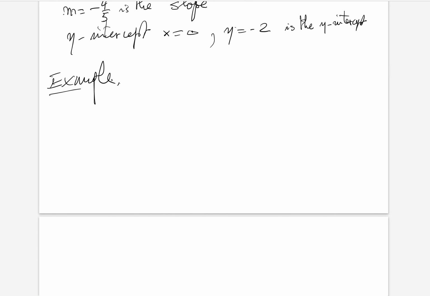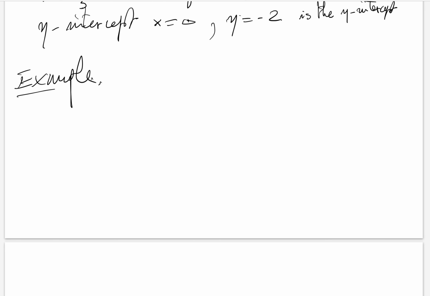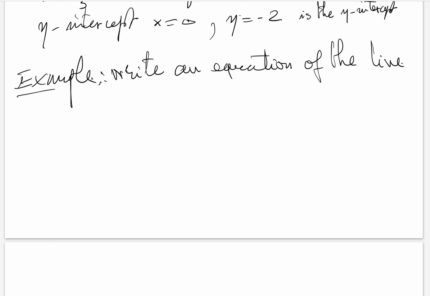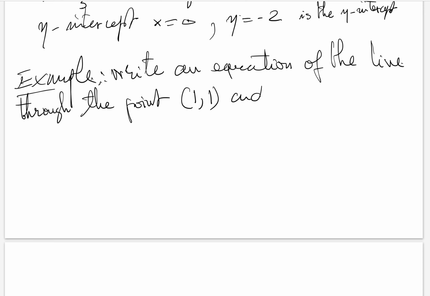Write an equation of the line through the points (1, 1) and (2, 4). Okay, that's the question they ask you.